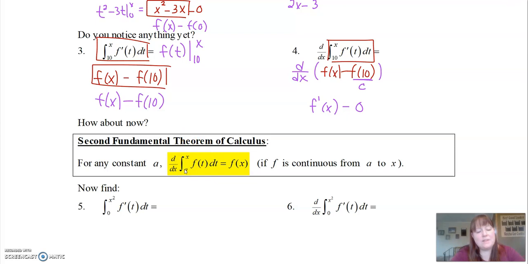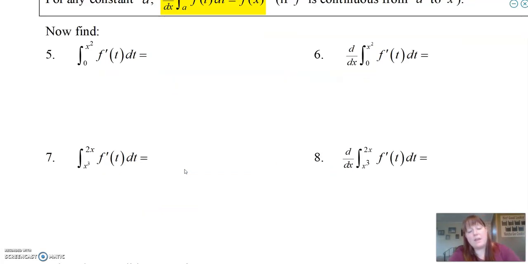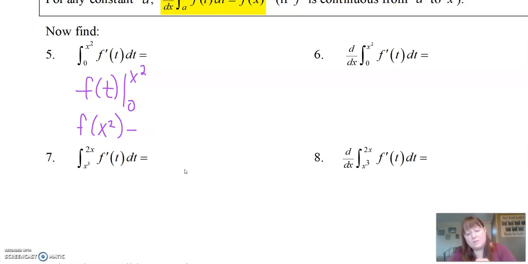So let's see what happens if it's more than just x, maybe another function of x, like x squared. So let's think. Our first thing we're going to do is take the integral of this derivative. So the integral of some function f prime of t would be f of t, and we would evaluate it from 0 to x squared, which the fundamental theorem of calculus tells us is f of x squared minus f of 0.